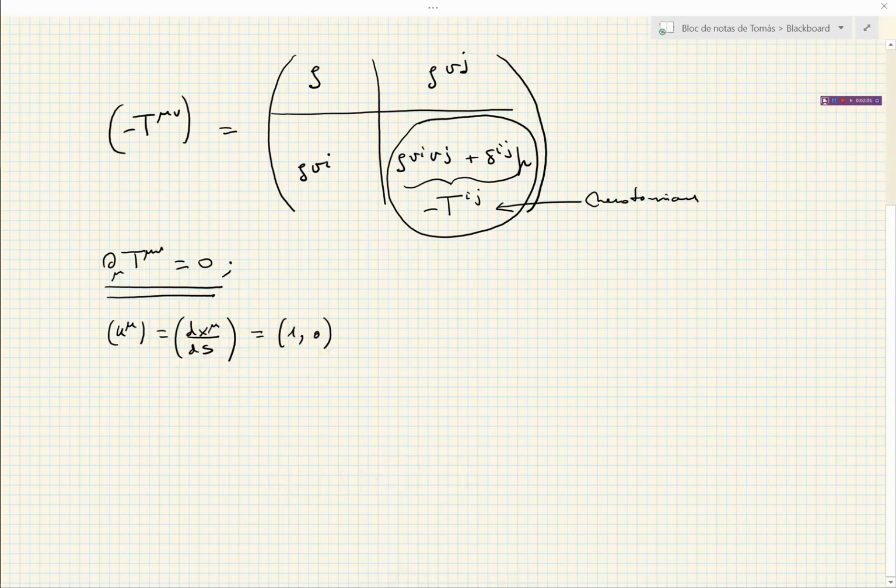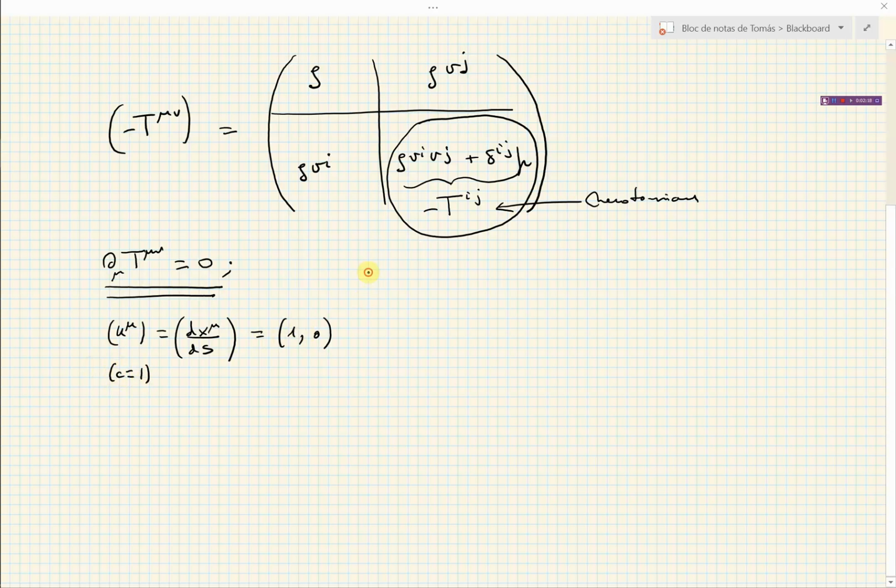If the velocities are 0, you are moving in the same reference frame, and by definition the coordinate time of that co-moving reference frame is equal to the proper time. We are here working in units of c equal to 1.